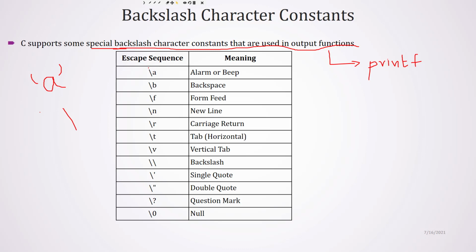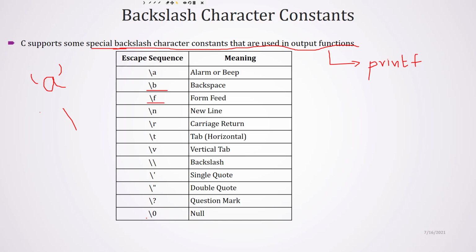If I give a slash A inside the output function, an alarm sound or a beep sound will be made. Slash B and slash F I will explain with the help of examples. These things I will explain with the help of examples.